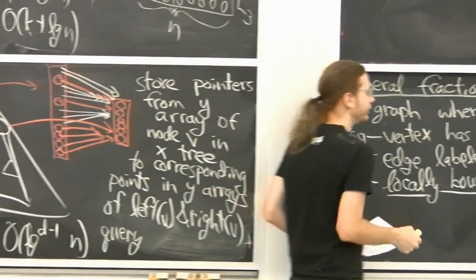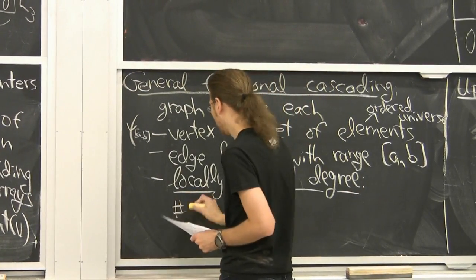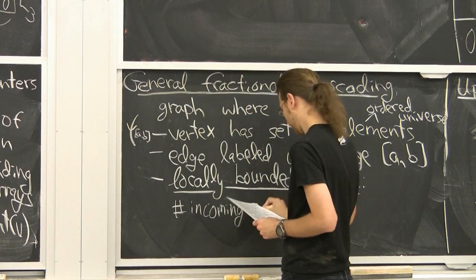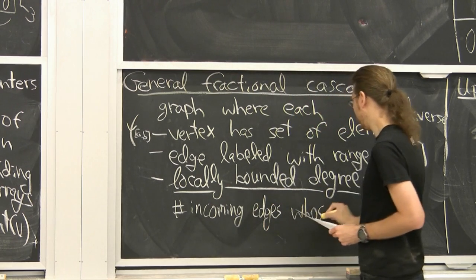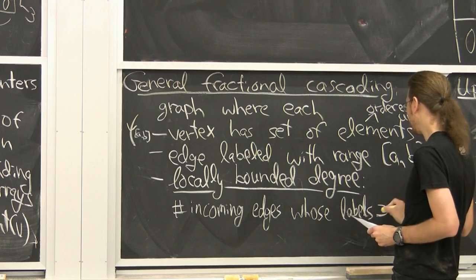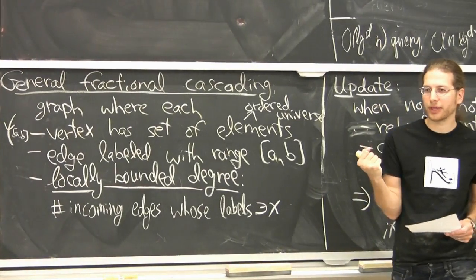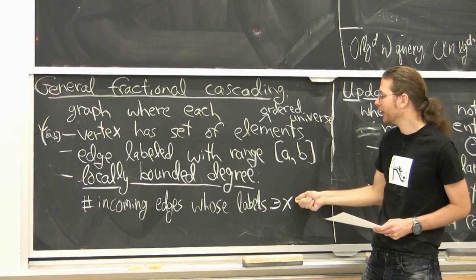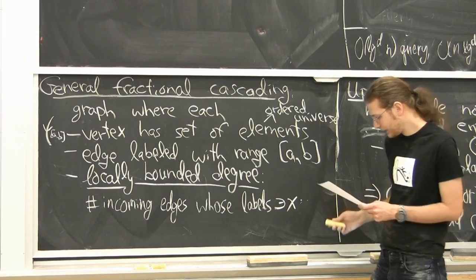We can have a slightly weaker condition, which is called locally bounded in degree, where the number of incoming edges for a node, whose labels, the labels are ranges, the labels have to have a common intersection, x. So if we're searching for some item x, and if all the possible ways we could enter this node give an item x, so this x has to fall in all those ranges, that should be bounded.